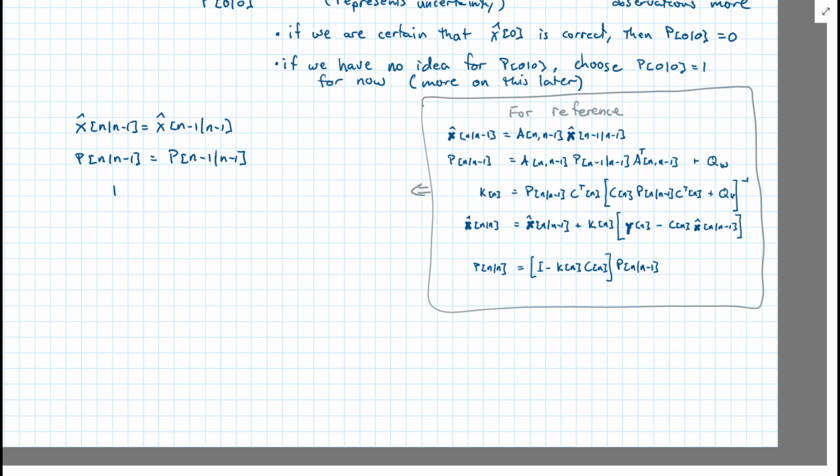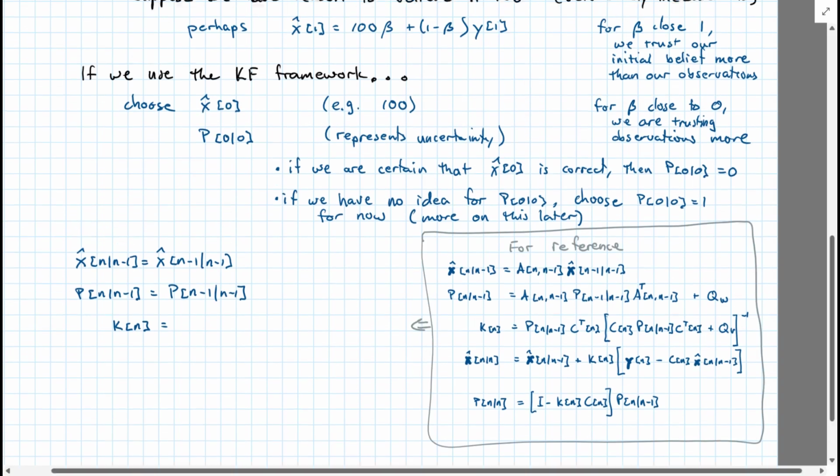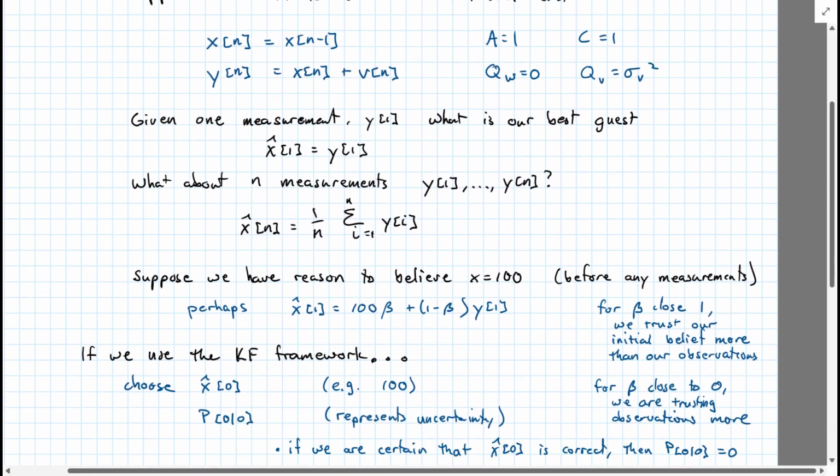Okay, the Kalman gain, that's an important one. Since P n given n minus 1 is equal to P n minus 1 given n minus 1, I think we might just simplify things and get rid of the given. I'll change that in just a moment. For now, we have C is equal to 1.